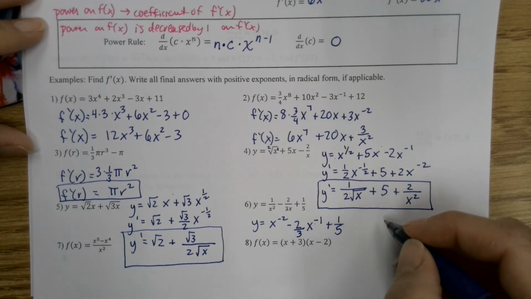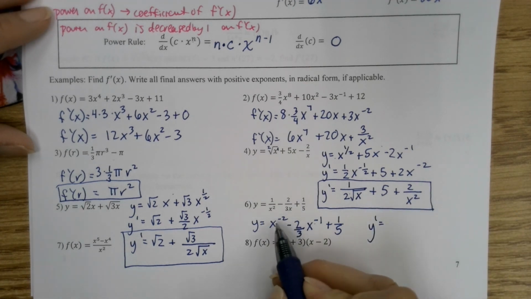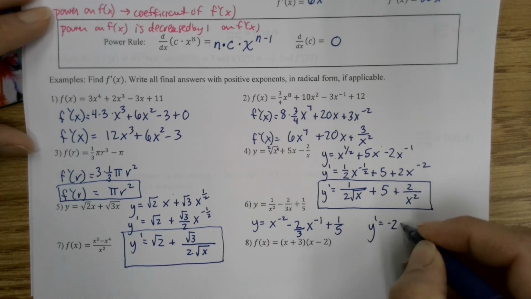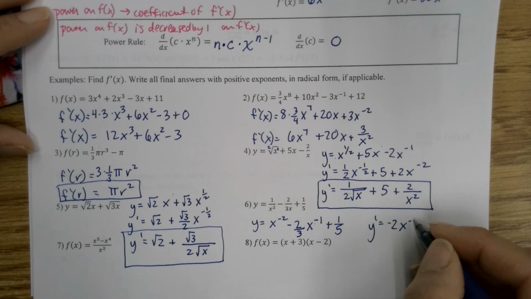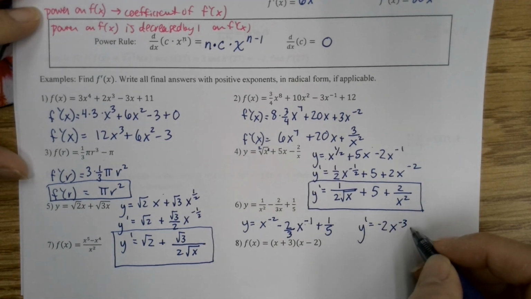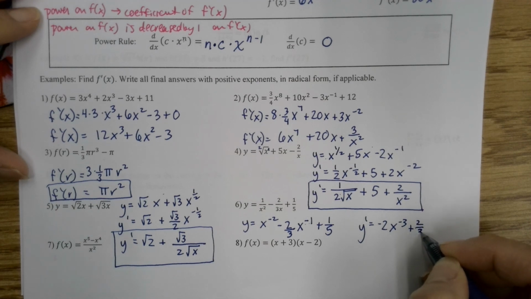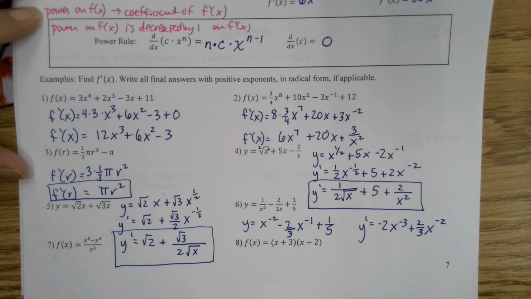Okay, so now I'm going to come over here and find my derivative. So negative 2 comes out to the front. My power drops down. So negative 2 minus 1 is negative 3. Negative 1 times negative 2/3 is positive 2/3. Subtract your power. Negative 1 minus 1 is negative 2.